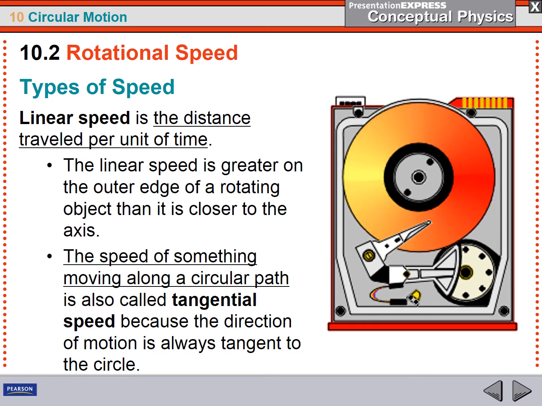However, if you are near or closer to the axis, you have lesser linear speed. The speed of something moving along a circular path is also called tangential speed, because the direction of motion is always tangent to the circle.